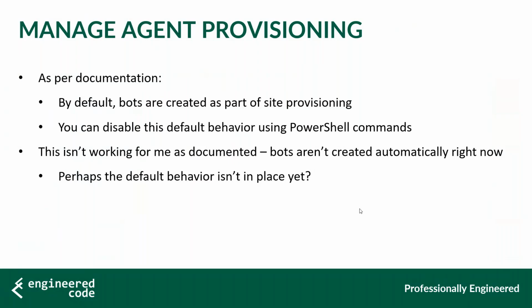I'm not seeing that happen, so maybe we'll get some clarification on that. But if you don't want bots to be created, you're probably safer just setting it to false now anyway, and then you don't have to worry about when that gets sorted out. So there's that one tenant setting that can be set with PowerShell to disable agent provisioning by default.